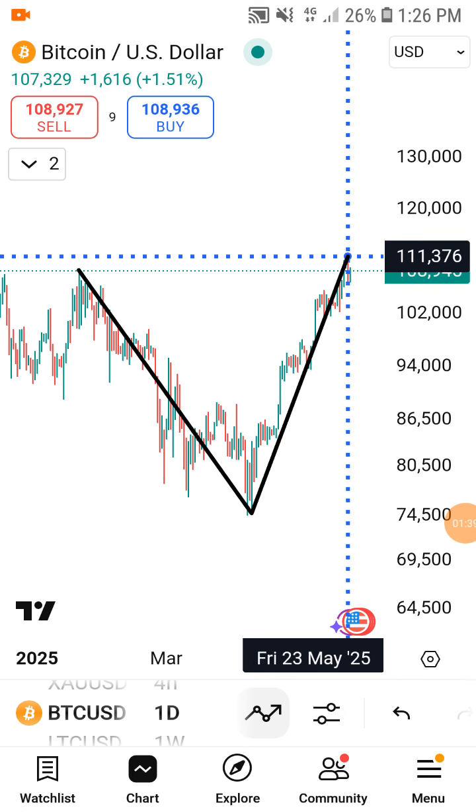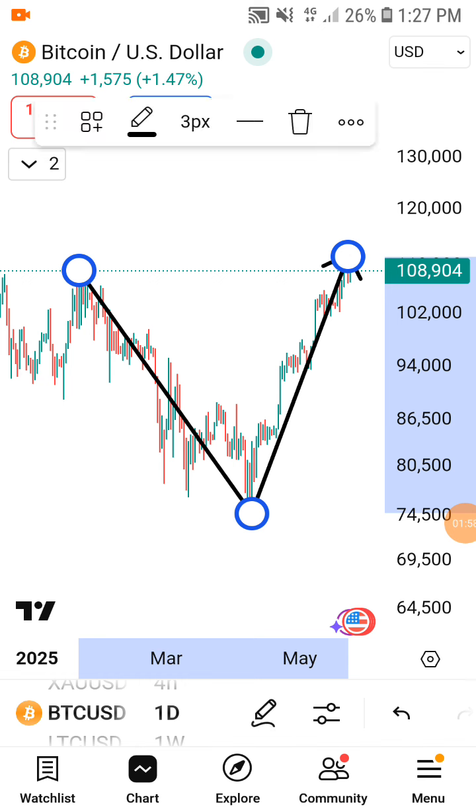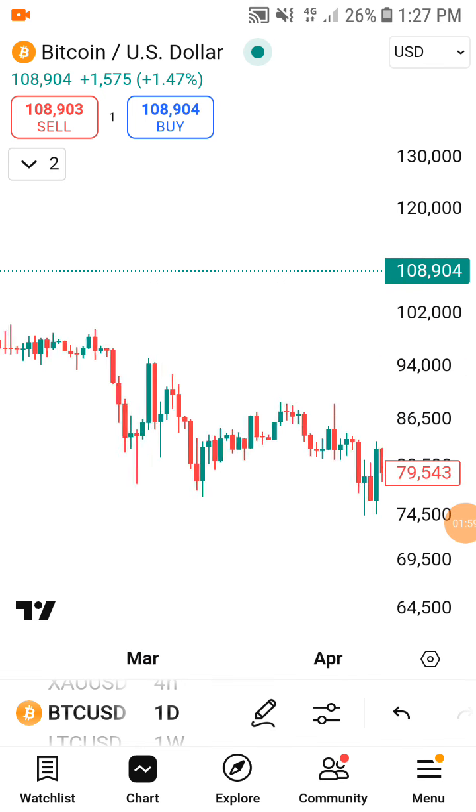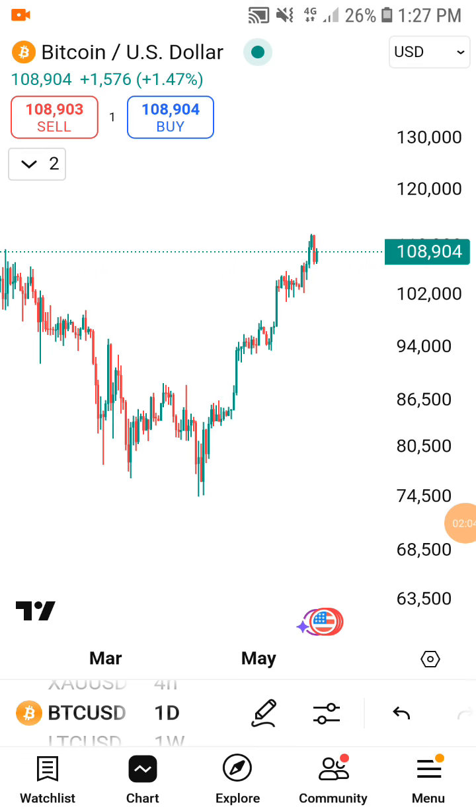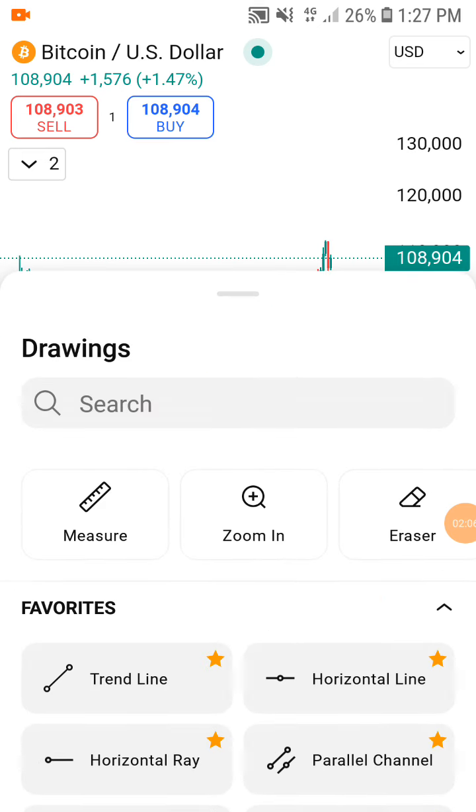Now, how will you identify the next move of this market, where this market is going, is another thing. You have figured out the previous trend and the current trend. Then, will you continue with the trend or will the trend reverse is another thing. So, once you open a market, first of all, identify your previous trend, which we have done already.